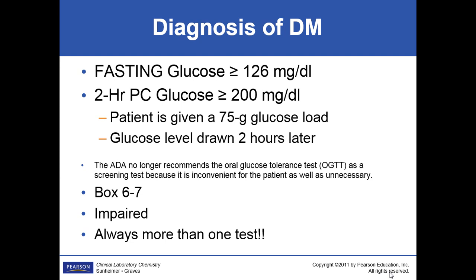And then they drink it, and that starts your time. And 2 hours later, we're going to collect their blood. And hopefully, if they're functioning properly, they'll be back to their fasting level. But for diabetics, we've decided if they're over 120, that would be diagnostic.